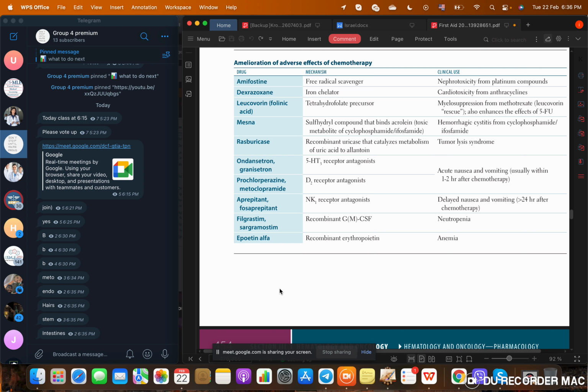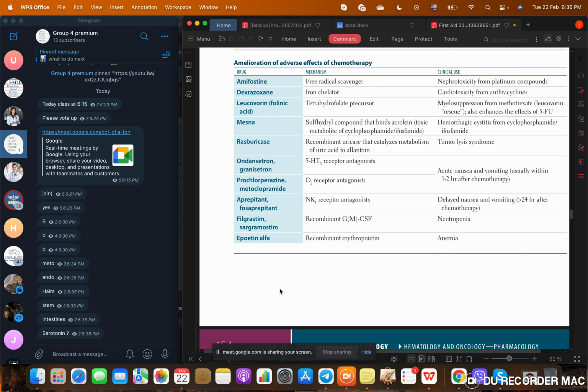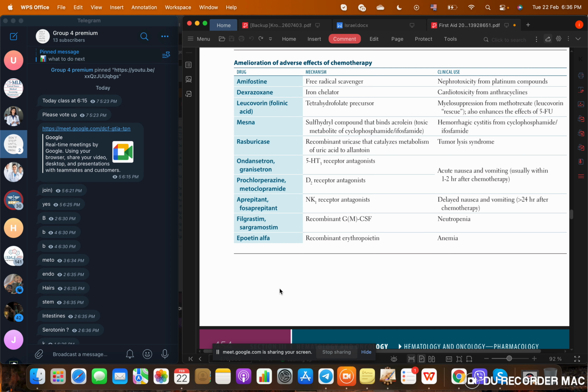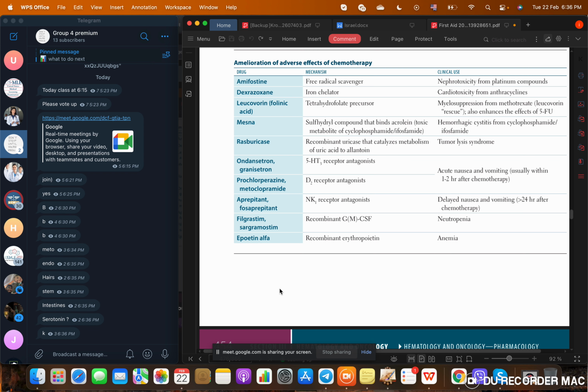Okay, good. So the next thing we have here is as follows. If I give chemotherapy, the intestinal cells, as I said before, what will happen to them? They will be destroyed. When they are destroyed, what are they going to release? A lot of serotonin.